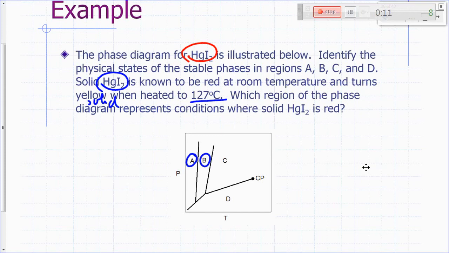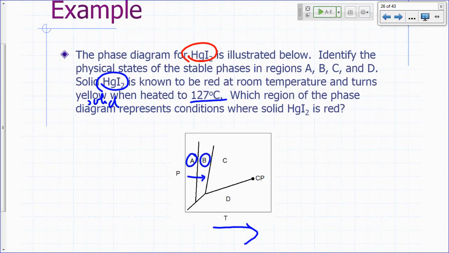What's room temperature? 20, 25 degrees Celsius. And so you heat it to 127. If you have to heat something, what happens to the temperature? Increase, right? So you have to go to the right.